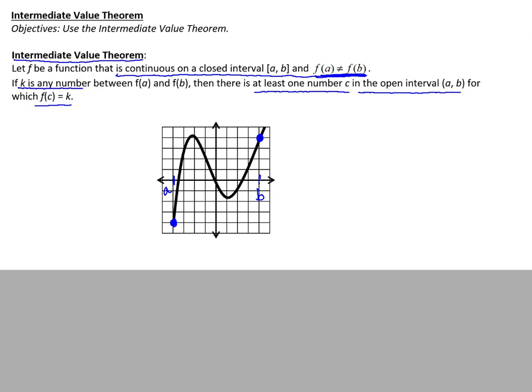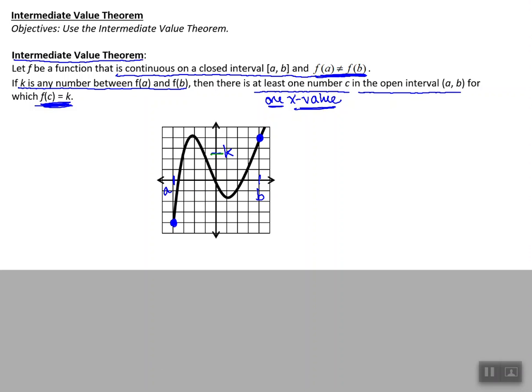k is any number between those two y values. So I'm going to pick a y value right here. That'll be the y value k. It can be any number between those two y values, f of a and f of b. There has to be at least one number c, meaning one x value on our interval, where the y value has to equal that value k.